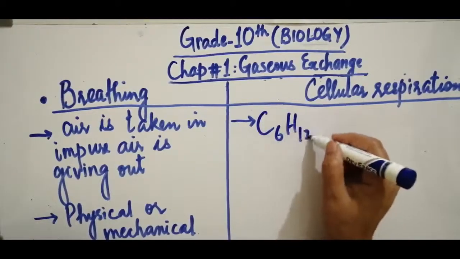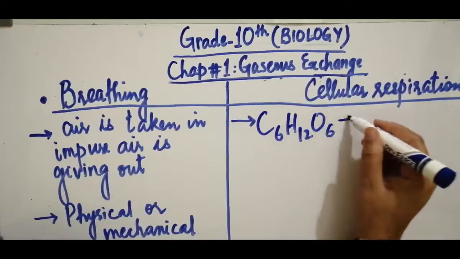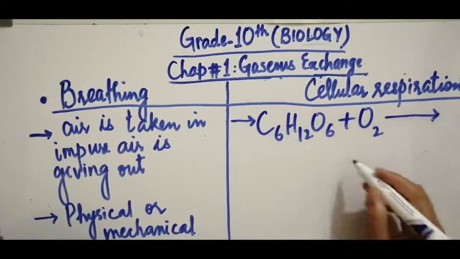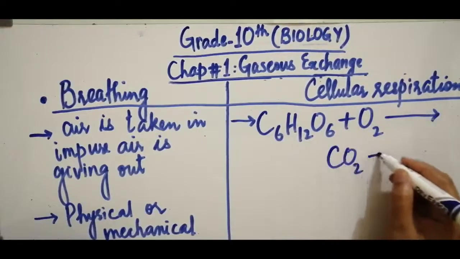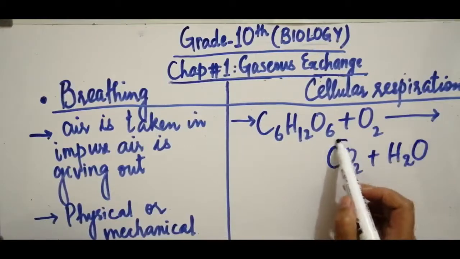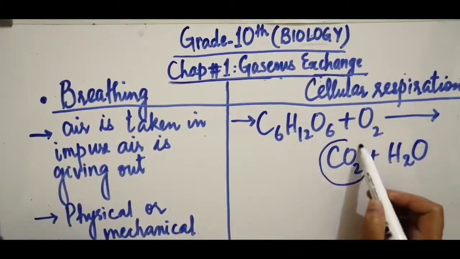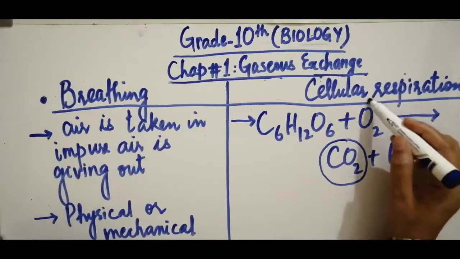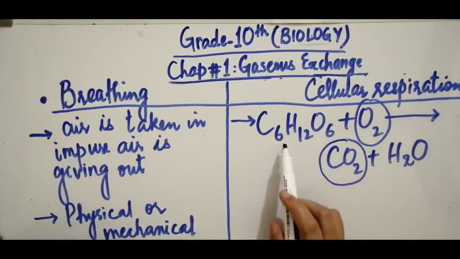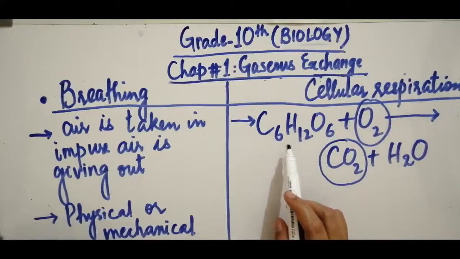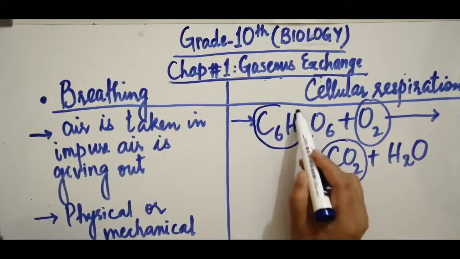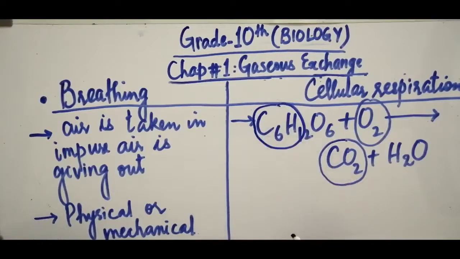Glucose or any food is broken down in the presence of oxygen in order to produce carbon dioxide and water, in which the carbon dioxide is eliminated from the body while oxygen is utilized in the body for the redox reaction of this food. What is a redox reaction? The breakdown of the carbon-hydrogen bonds present in this food.